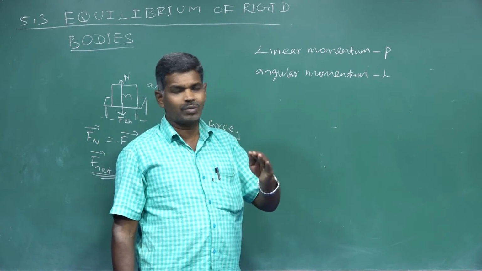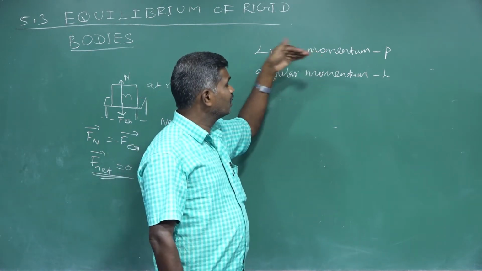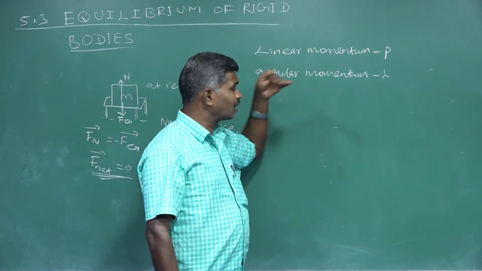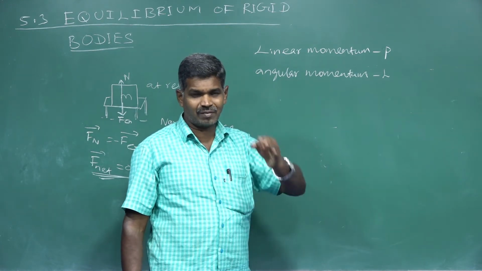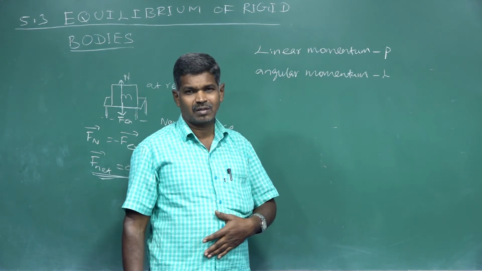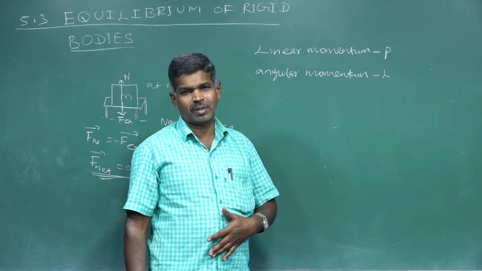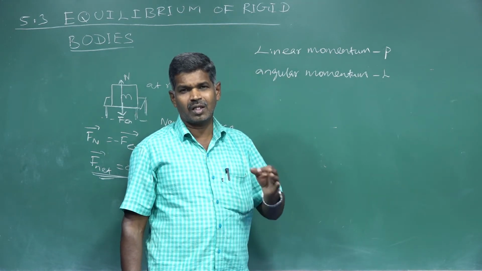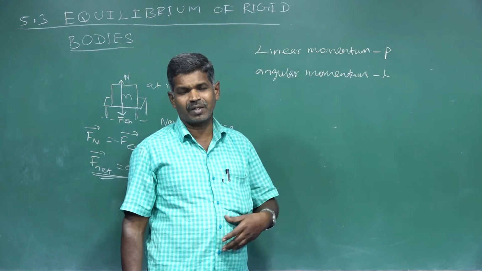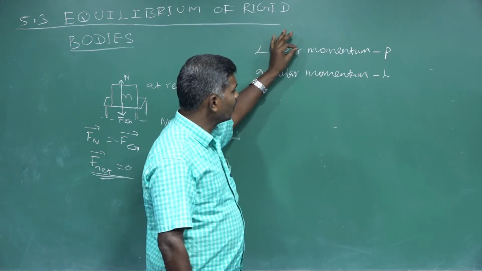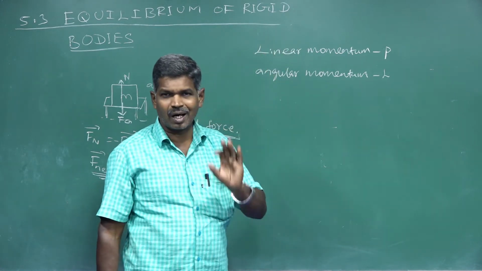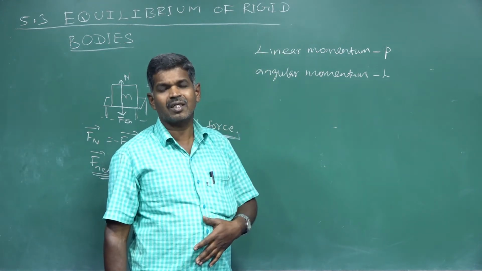Whatever value exists for linear momentum and angular momentum, that value remains constant. So that's the statement for mechanical equilibrium: any rigid object in mechanical equilibrium has both linear momentum and angular momentum constant.